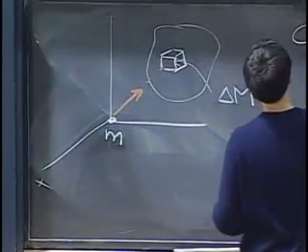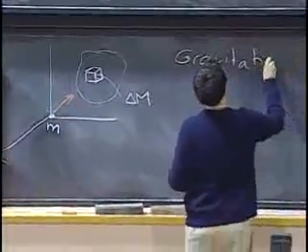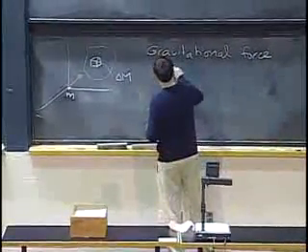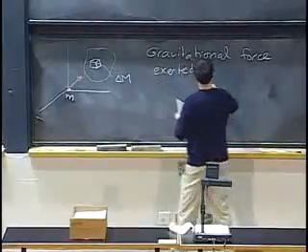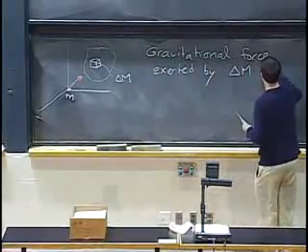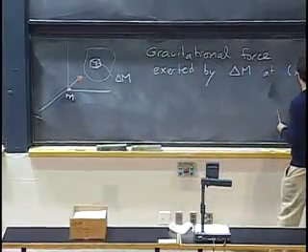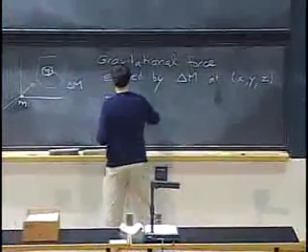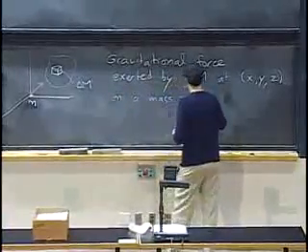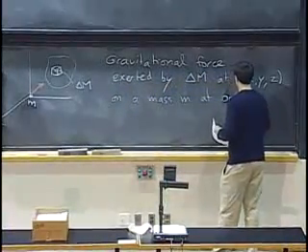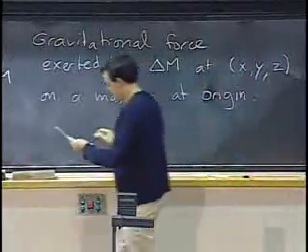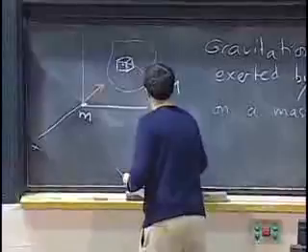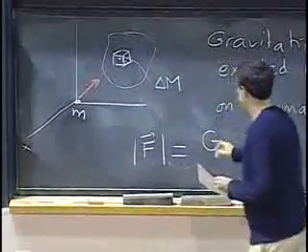So let's see. The gravitational force exerted by a mass delta m at a point x, y, z in space on a mass m at the origin, well, we know how to express that. Physics tells us that the magnitude of this force is going to be G, which is just a constant.